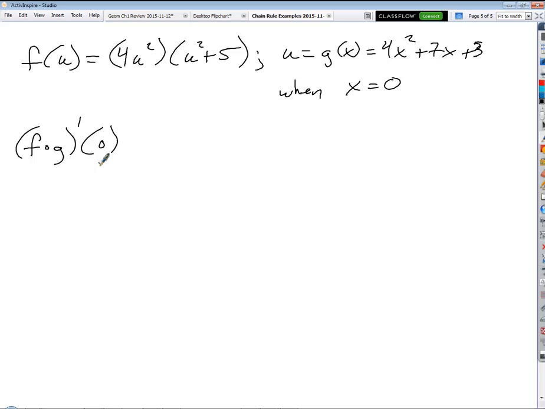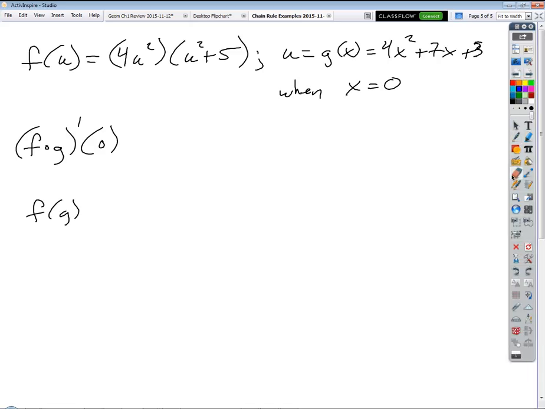So what about this then? I'm trying to find the derivative of the composition, right? Isn't that the same thing as calculating f prime of u times u prime, du dx? That's what this means. We could write this in two ways. I could write the whole thing as f of g of x, right?